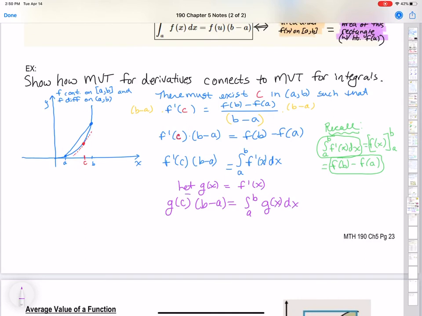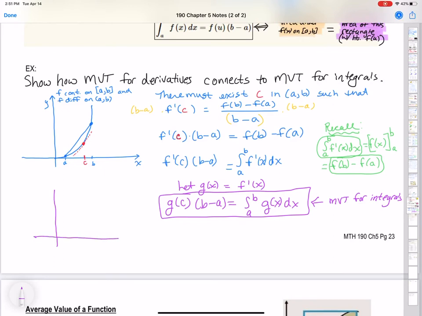And so this now looks like our mean value theorem for integrals. So you can really just think about developing the mean value theorem for integrals starting with the mean value theorem for derivatives. When you're done, if I was to think about the graph, both of these are about the existence of this c.